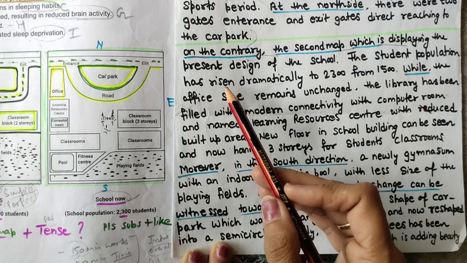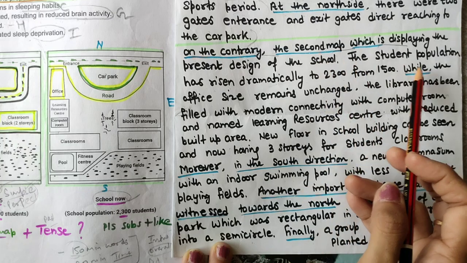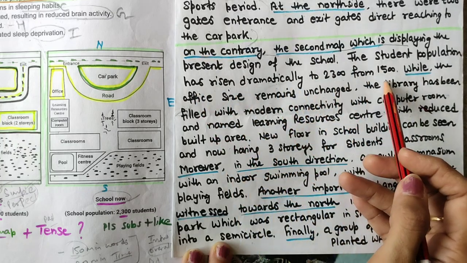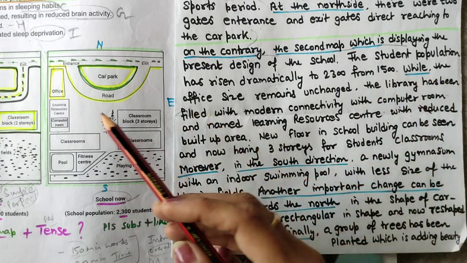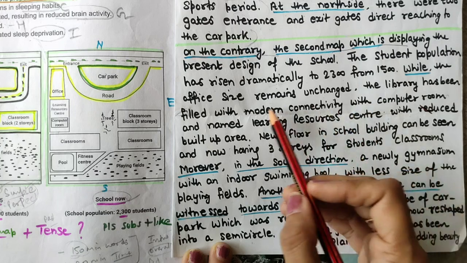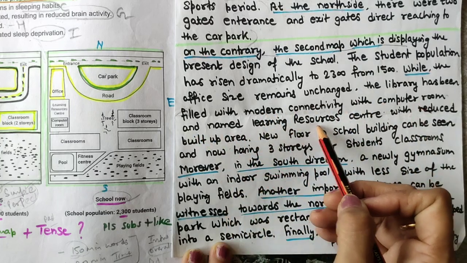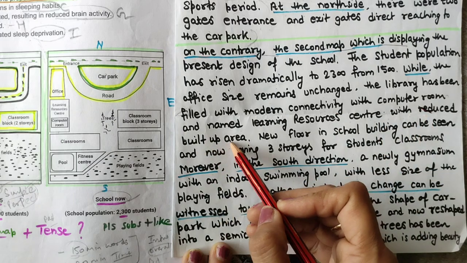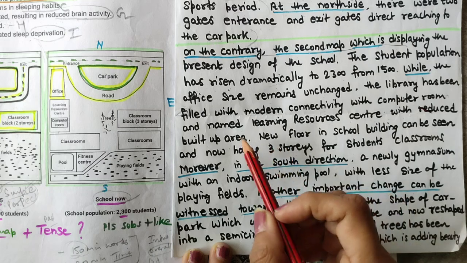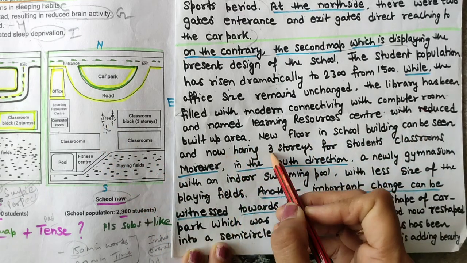Now I am using the present tense properly. The student population has risen dramatically to 2300 from 1500, while the office size has been reduced with modern connectivity, with a computer room and a learning resources center named, with reduced built-up area. A new floor in the school building can be seen, now having 3 stories.